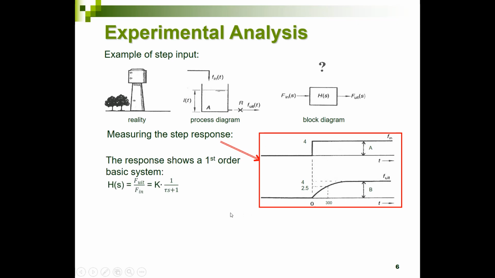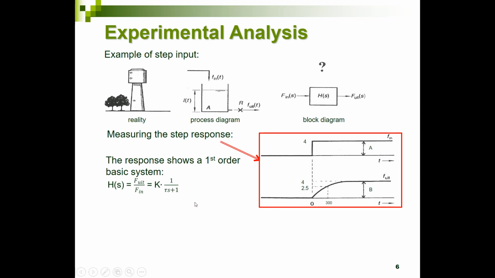And when I know that, I can use the basic system function for a first order system, which is equal to k, a constant, times 1 over s times tau plus 1. And k is the static gain, and tau is the time constant of this function. So how can I derive these parameters, tau and k, from these measurements?